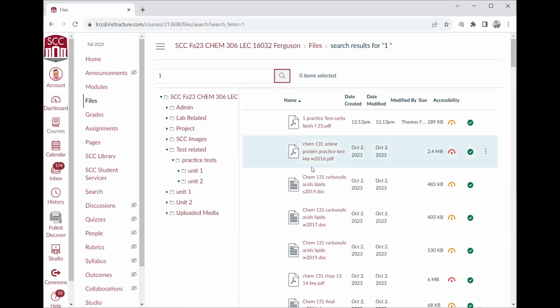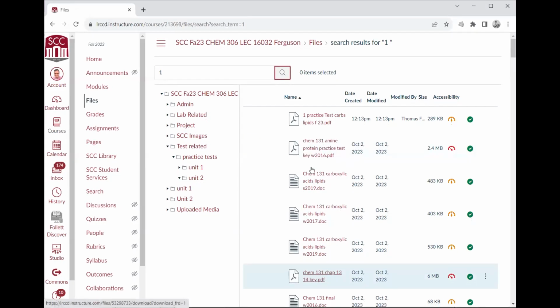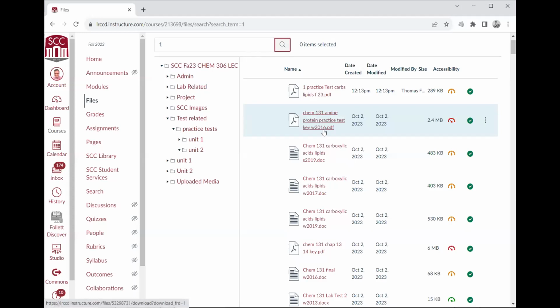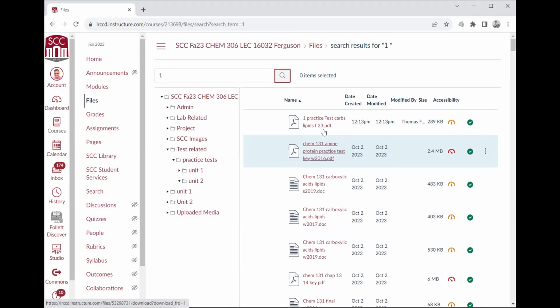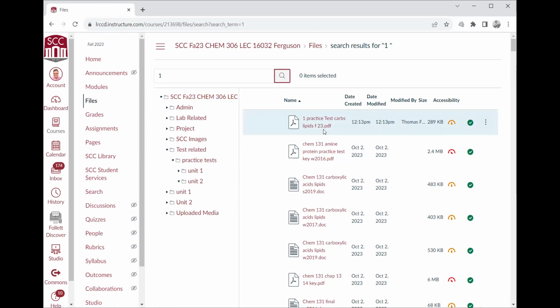Yeah, see. Well, it's got all this Chem 131. That Chem 131 was the name of the equivalent course up in Tacoma Community College that I taught. Okay, so let me write that down.